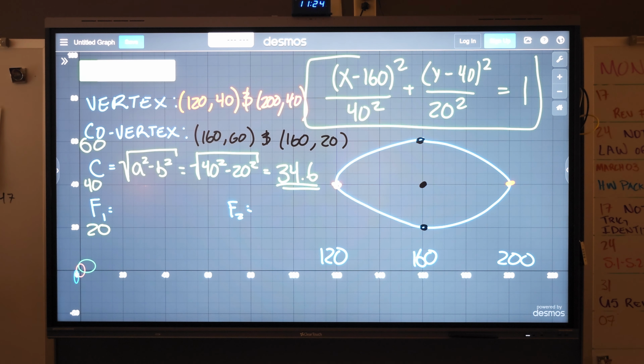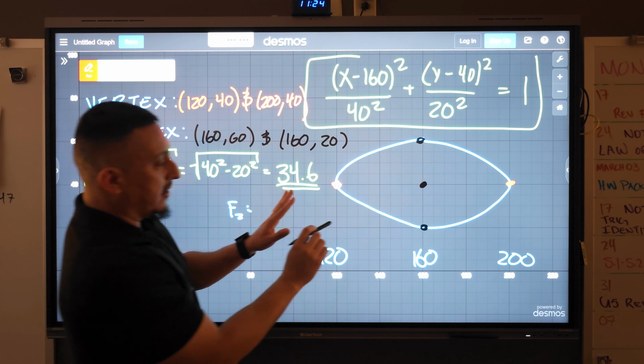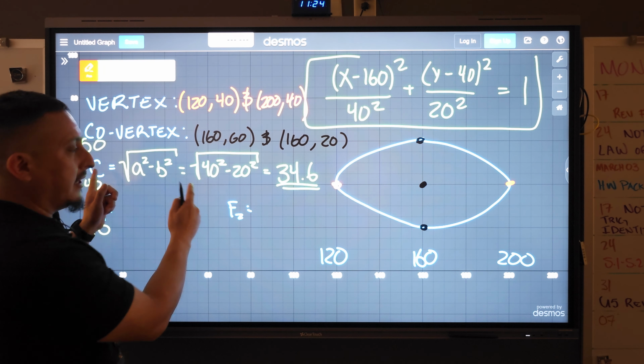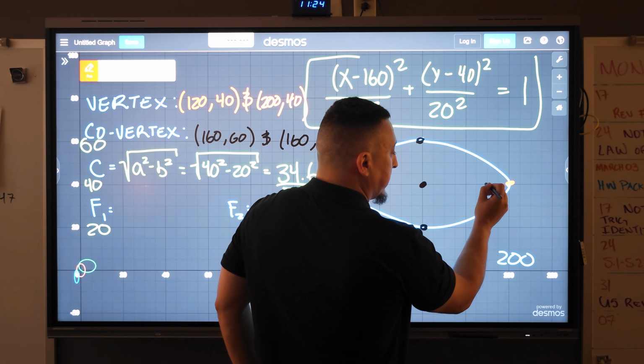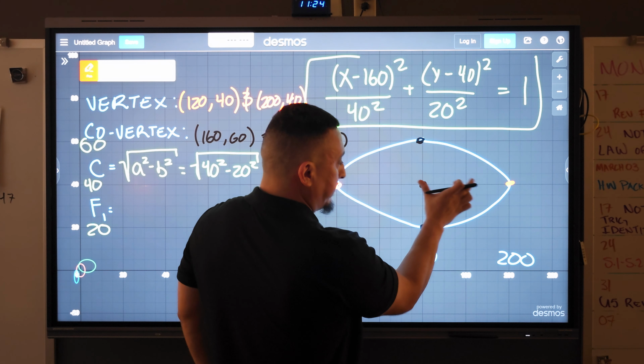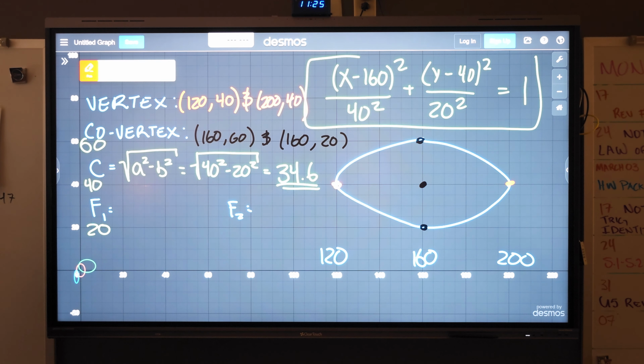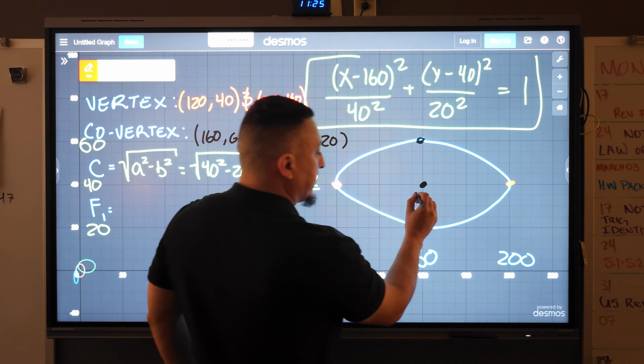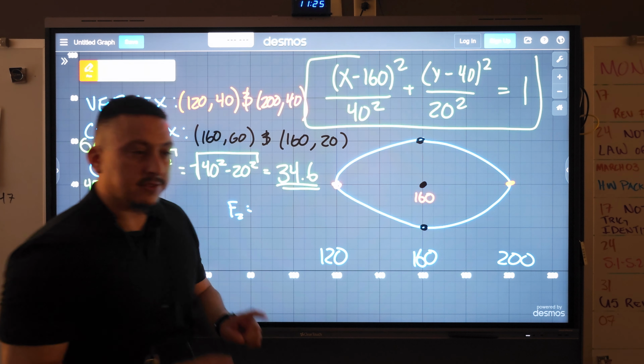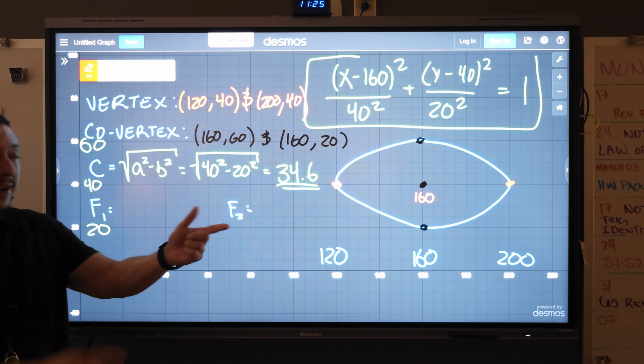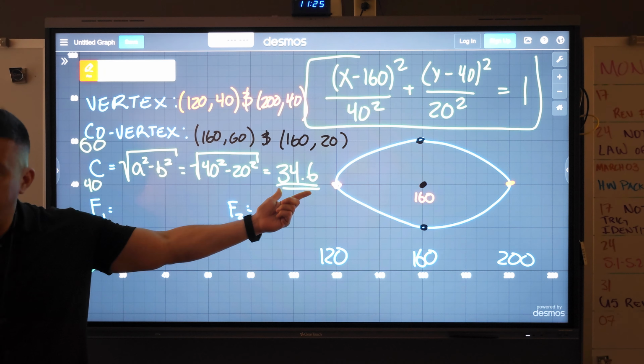Okay, this is the very last part. Everybody with me up to this point? Everybody on the boat so far? Okay, here's the last part. Please pay close attention to this. The focus, remember, the C, so if my focus is here, that's C is that much. So this is at 160. So to get the focus on the right, I add 34.6.